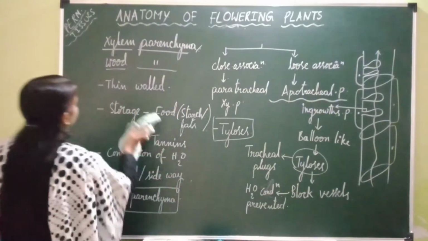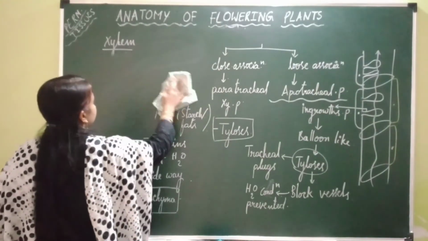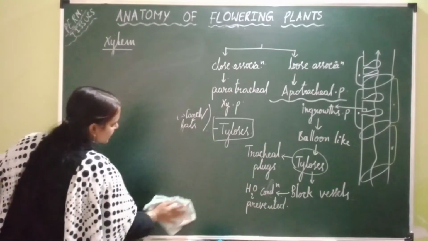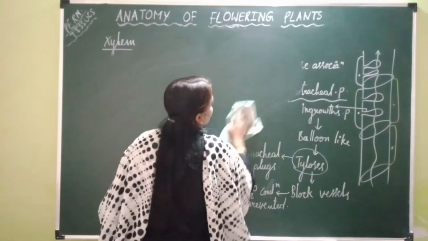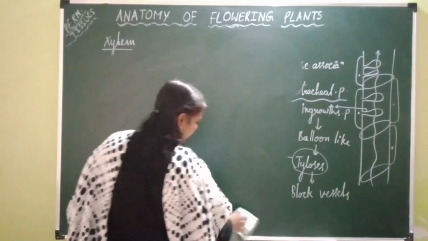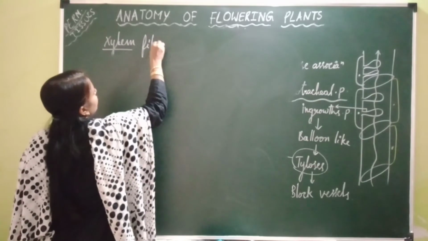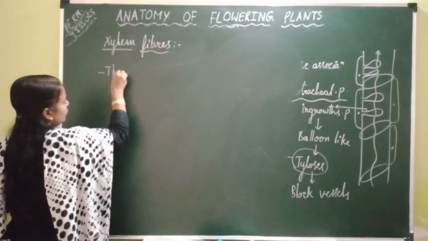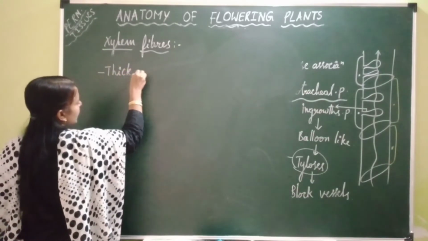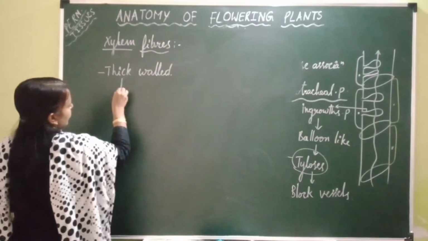Now let's study xylem fibers, the last type of xylem elements. Xylem fibers are thick-walled, elongated cells, where the wall thickenings are made of lignin.